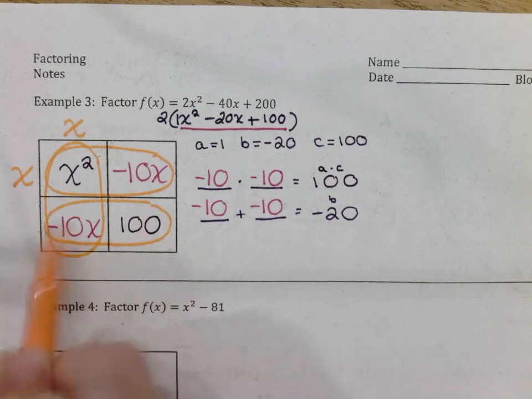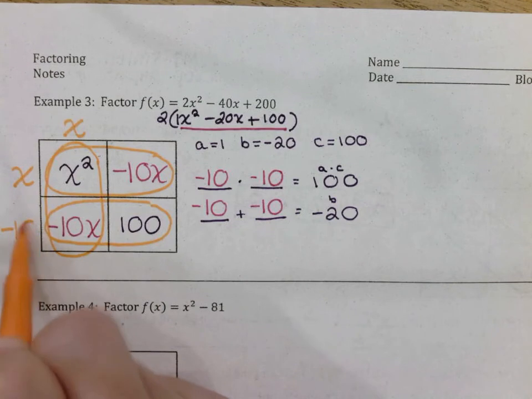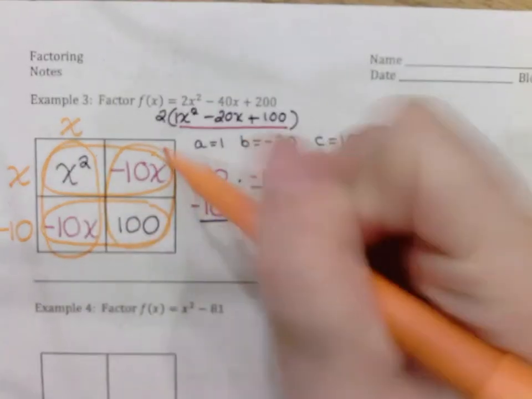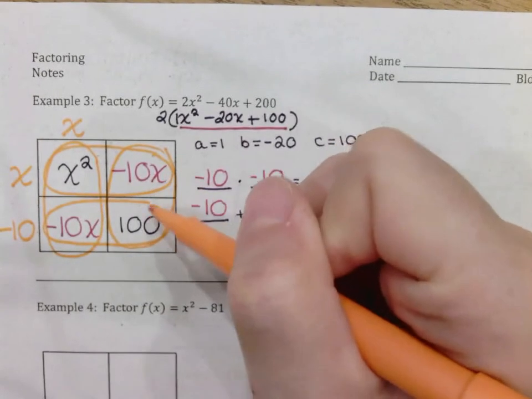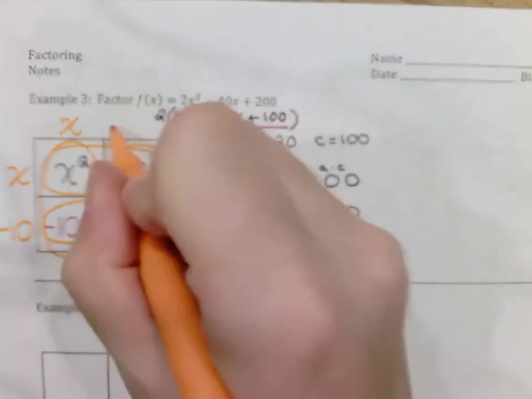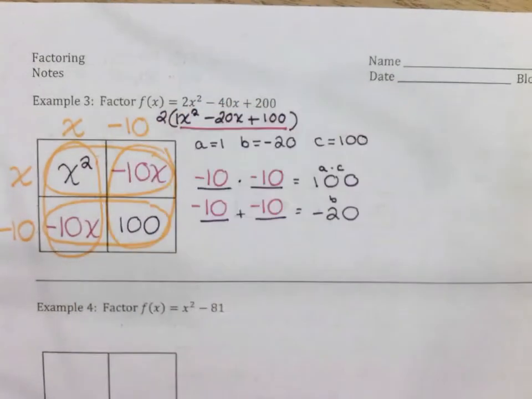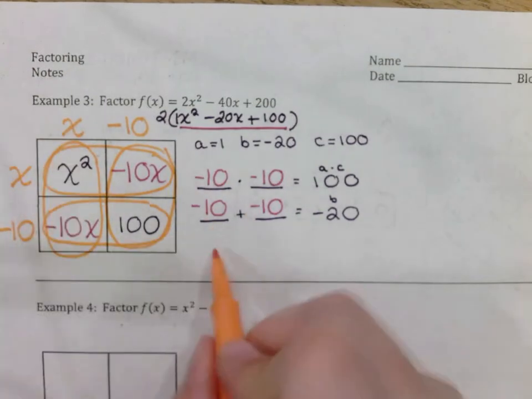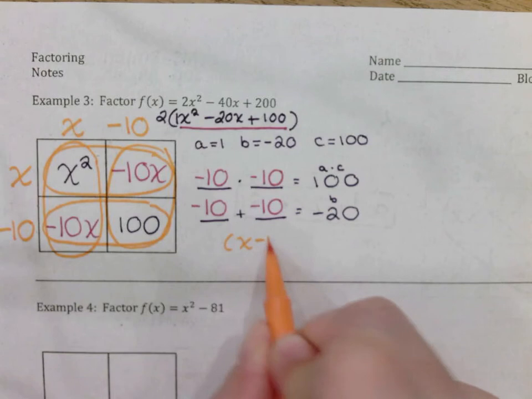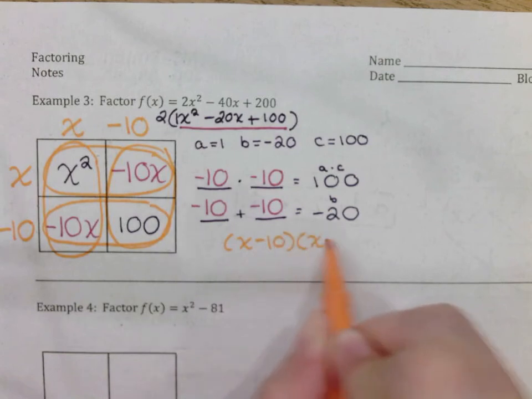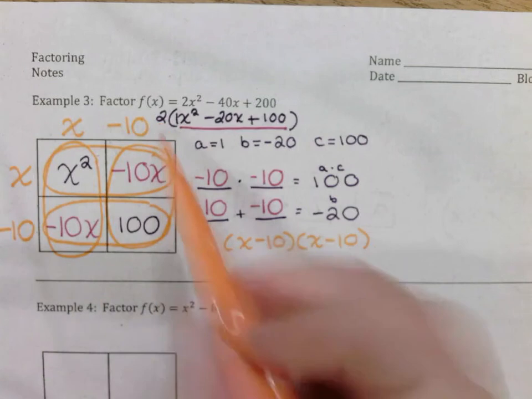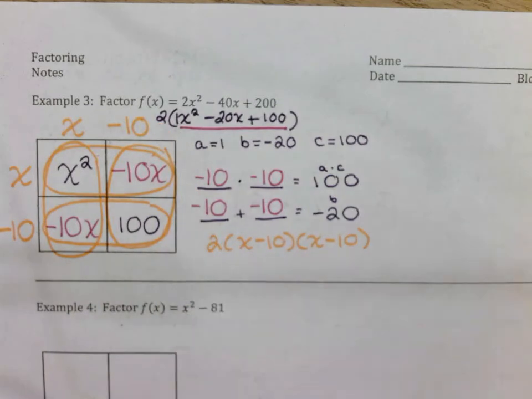And since the one leading out is negative, I'll make this negative. And then the greatest common factor between these two, again, is 10. Since the one leading out is negative, I'll make this negative. So now we have our factors, x minus 10 and x minus 10. And now we can go ahead and bring down that 2 that we initially pulled out and just stick it out front.